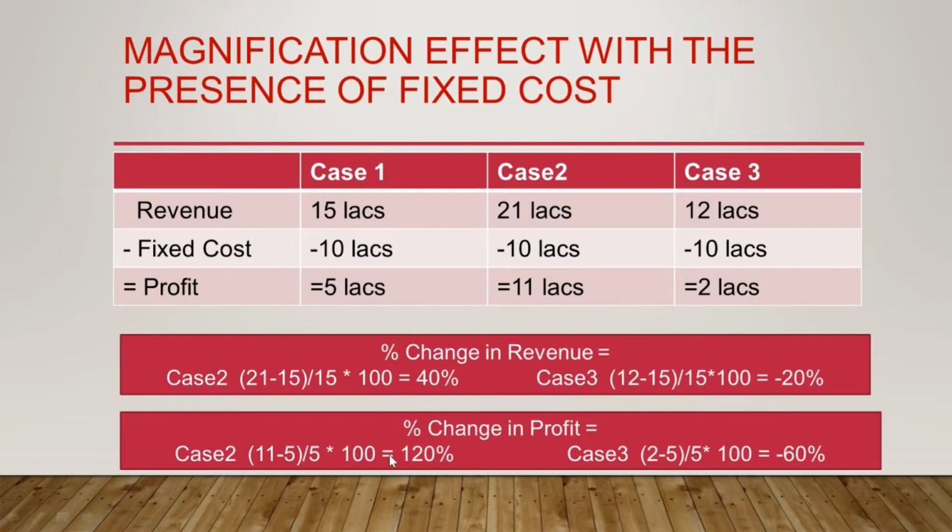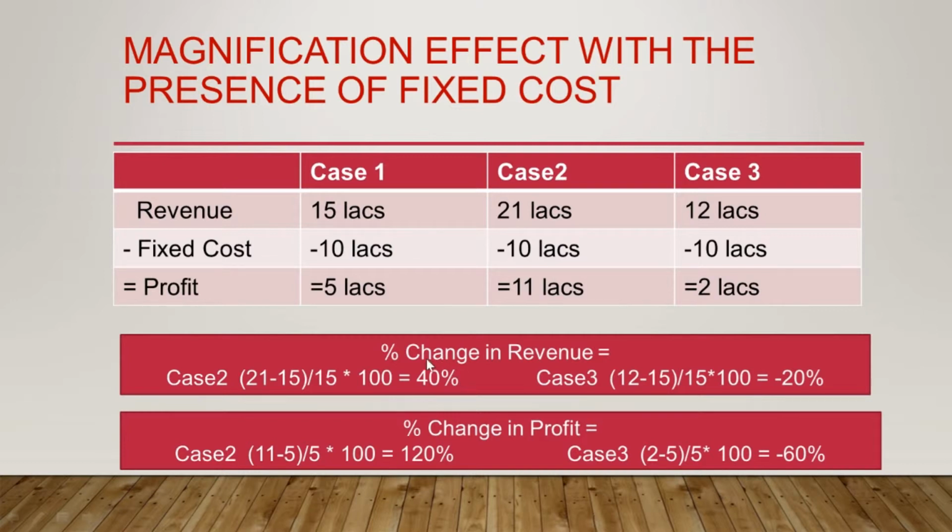So see the percentage change in profit. In case 2, it is 120%. From 5 lakhs, it has risen to 11 lakhs, and thus we got a 120% change in profit. While in case 3, we have got a negative 60%, that is, a 60% loss. You can see the impact of the presence of fixed cost.